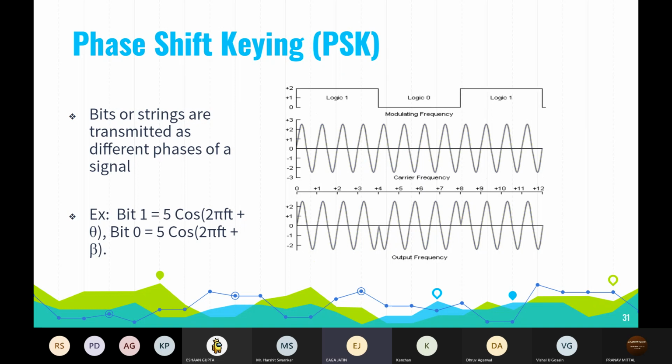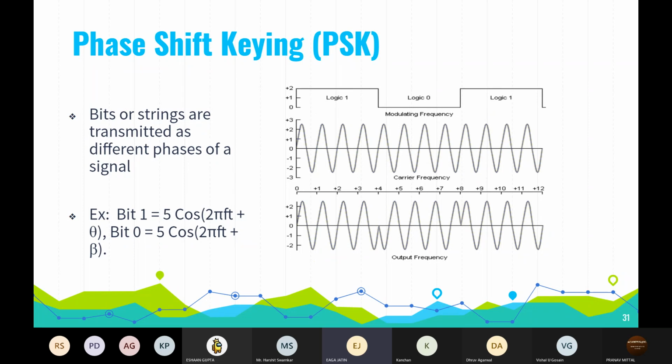So the concept is the same as before, as in phase modulation, where the phase of a carrier wave is varied according to the instantaneous values of the message modulating signal. In this case also, the input signal is of digital nature, and the carrier wave is varied or switched according to this input digital signal.